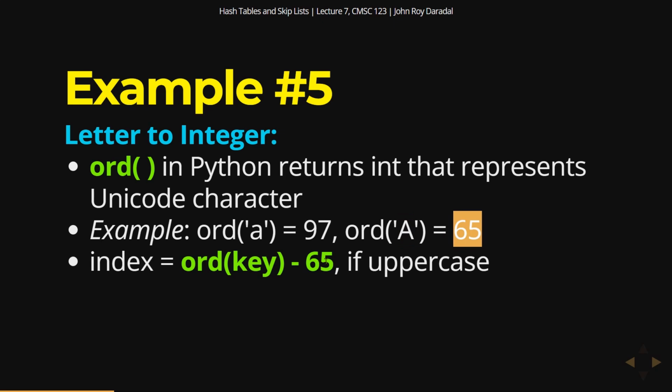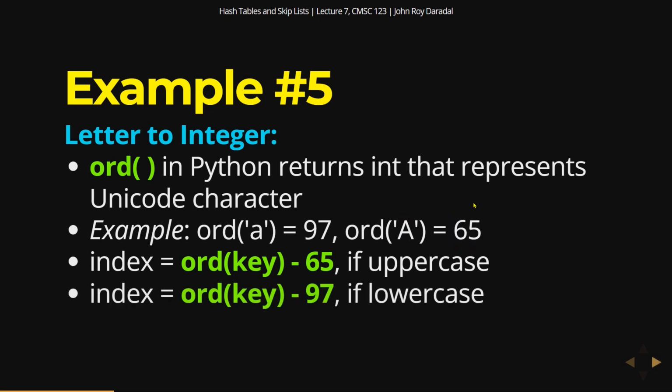If we subtract 65, A will be mapped to 0. And if it's lowercase, then we'll have to use minus 97 because that is the value for small letter a. So you can do transformations like this just to go from a letter to an integer.